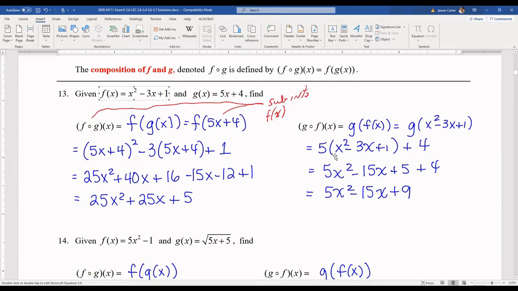So I've got 5 times x plus 4, or I should say 5 times f of x. I distribute that 5, combine like terms, and I get 5x squared minus 15x plus 9.